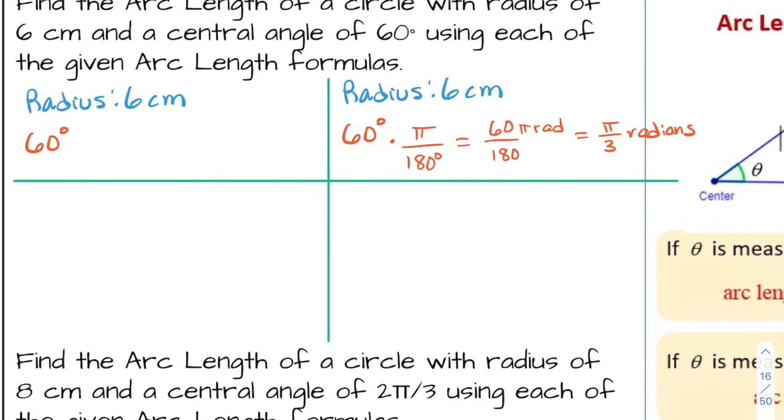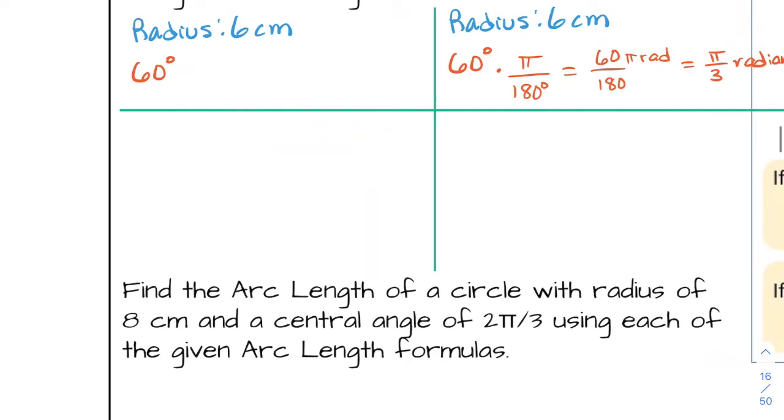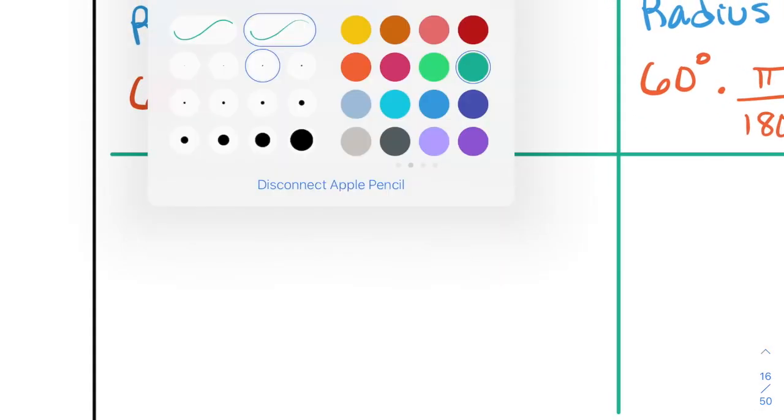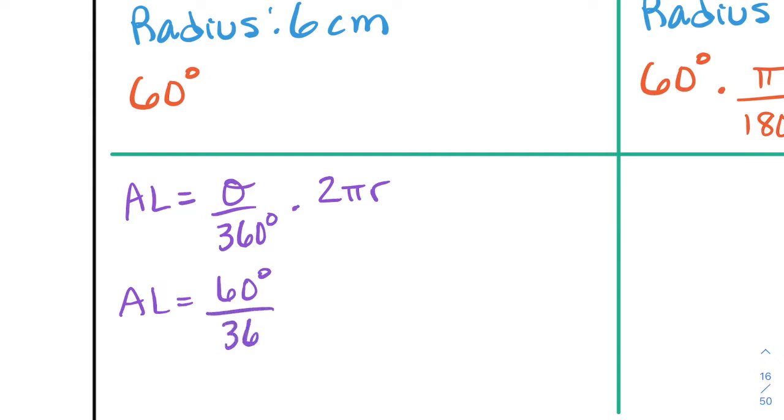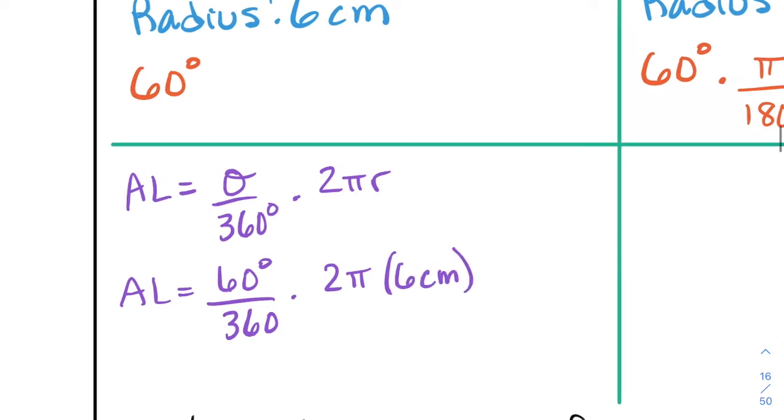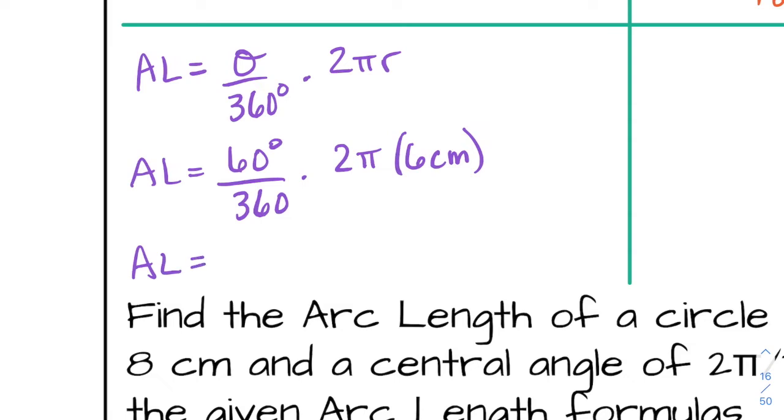Okay, so let's find the arc length now. This one is going to be arc length equals theta over 360 times 2 pi r. So arc length equals 60 over 360 times 2 pi times 6 centimeters. So arc length equals 1/6 times 2 pi 6 centimeters.